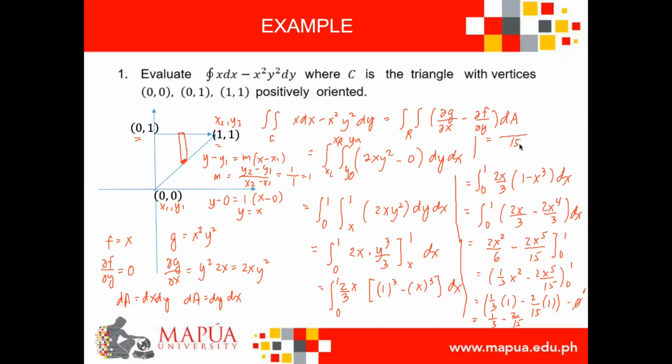Then 15 divided by 3 is 5 times 1 is 5, so this is obtaining the numerator part, while here we have 2. So therefore, we have it now as equal to 3 over 15, and we can simplify this further as 1 over 5.